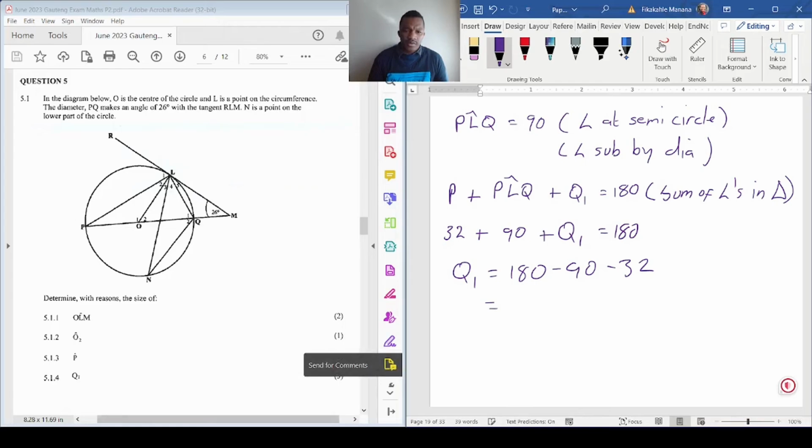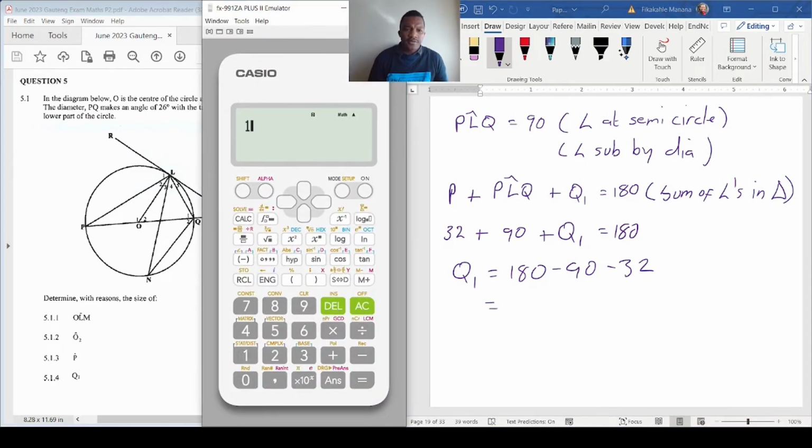We need your services, calculator. We go 180 minus 90 minus 32, and we get 58. Okay, so Q1 is equal to 58 degrees.